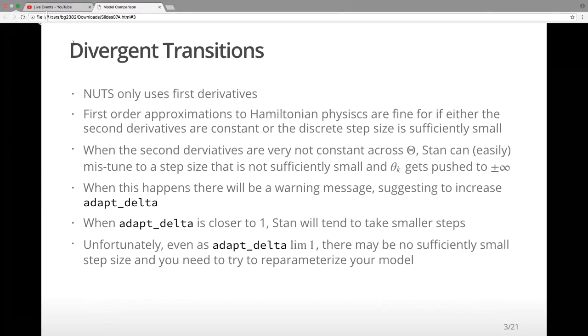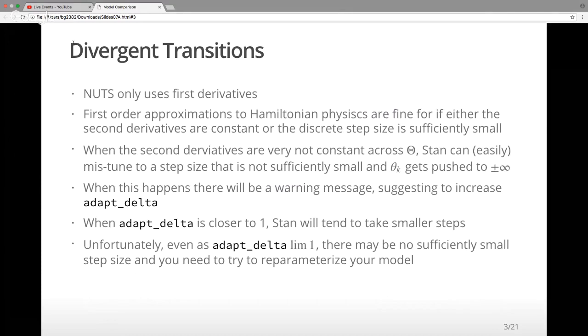But when you start to write your own Stan programs, oftentimes on your first attempt there'll be warnings about divergent transitions that you might need to address. But basically, again, this doesn't imply there's anything wrong with your posterior distribution or that the model doesn't fit the data, although both of those things can also manifest themselves in divergent transitions.